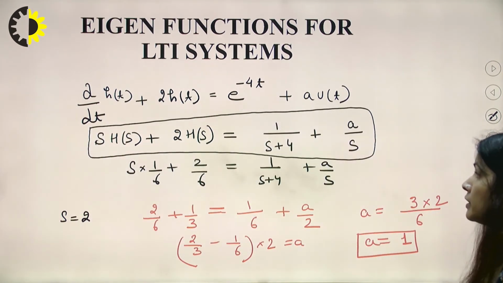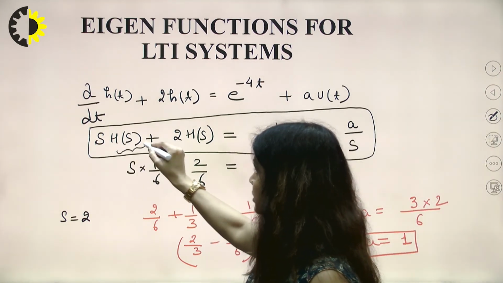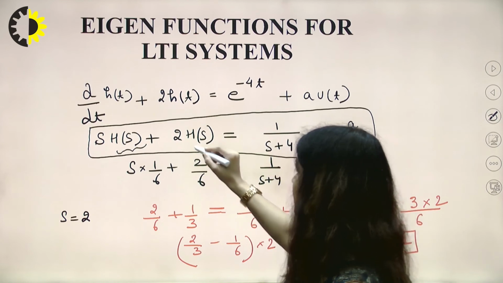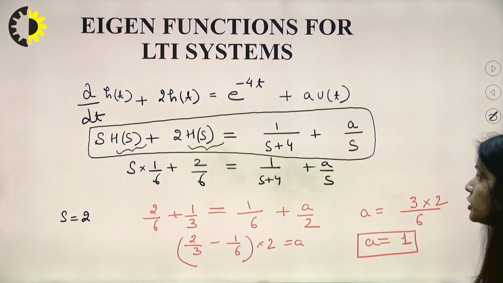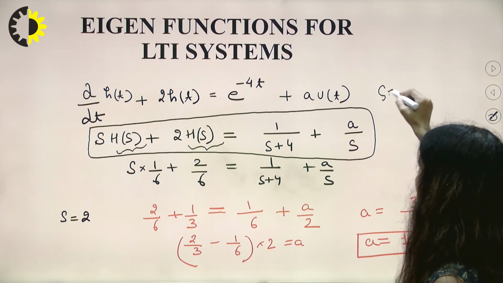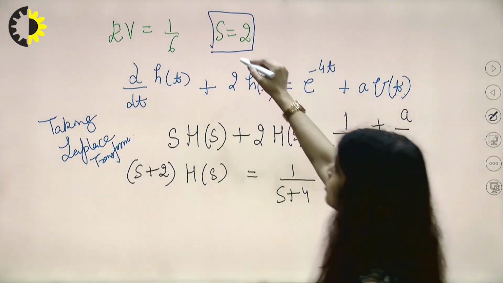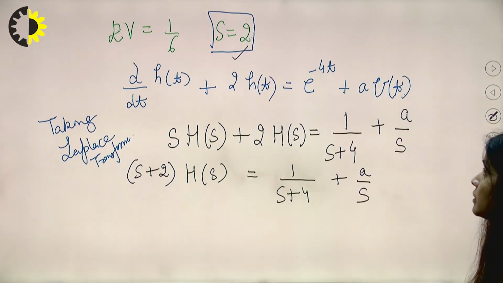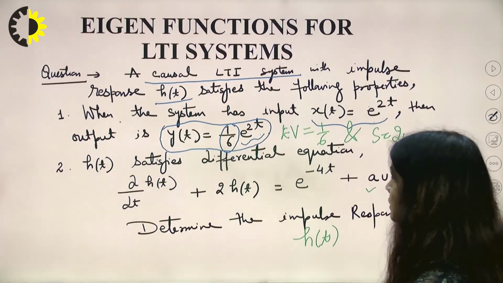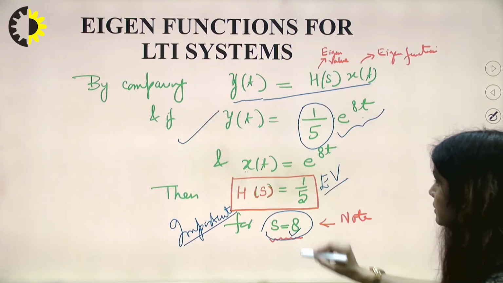So by putting the values of H(s) and by putting the value of s equal to 2, as we have already calculated here. See, s is equal to 2 and H(s) we are having, as stated here.